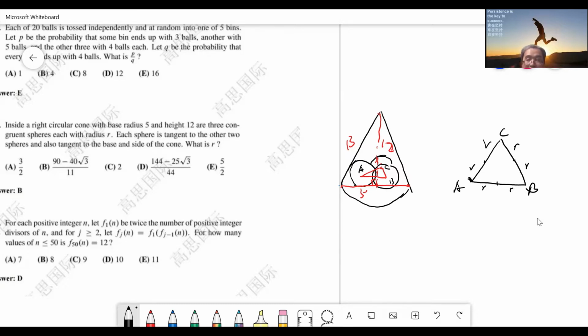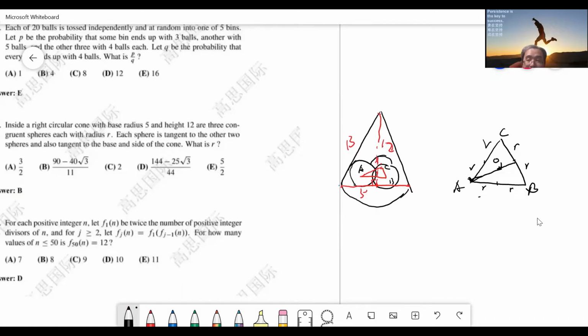Now because this is the center, the height also goes to the center, right? So we connect A and the center, which we call O. That continues to hit here, so this is the midpoint of the opposite side of the equilateral triangle.